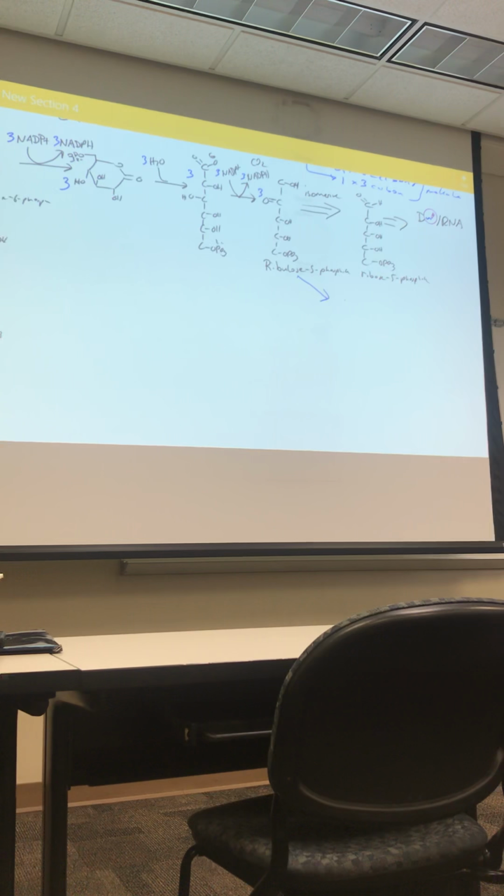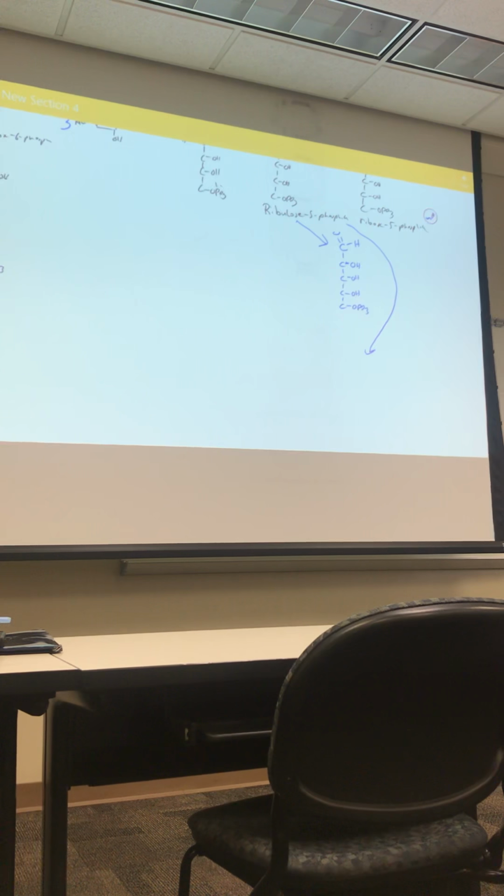And I'll do it in this color just to differentiate it. 1, 2, 3, 4, 5. Okay, so one of the molecules out of 3 is going to be converted to ribose. The other one is going to be converted into xylulose. And I'll show you that's just an epimer.